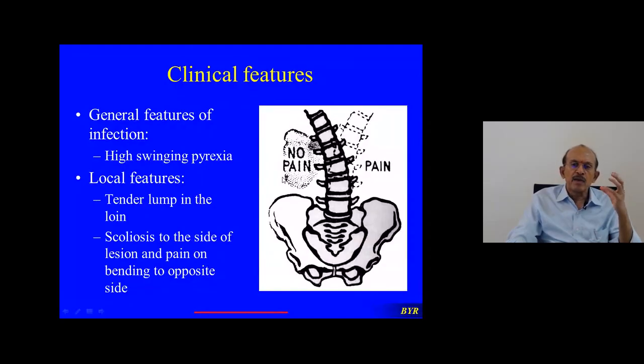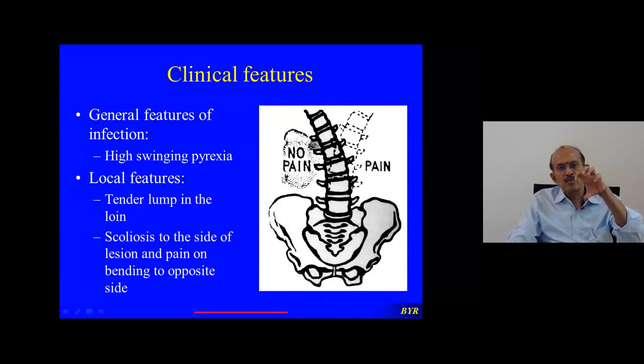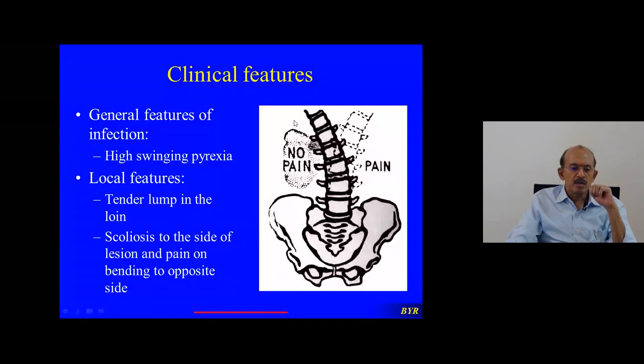They get reflexly irritated, so the quadratus lumborum and psoas major muscles get spastic. They get contracted. Because of the contraction of those two muscles, there will be scoliosis to the side of the lesion. The spine is bent to the side of the lesion. And if you ask the patient to bend to the left side, in a right side lesion, the patient gets severe pain.